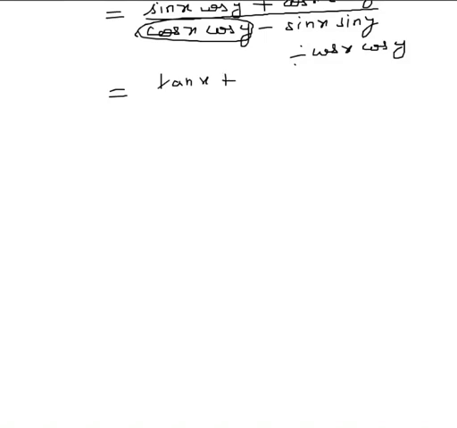Here cos x gets cancelled, sine y by cos y becomes tan y, divided by 1 minus sine x by cos x, which is tan x, and sine y by cos y, which becomes tan y. This is the tan of x plus y formula.